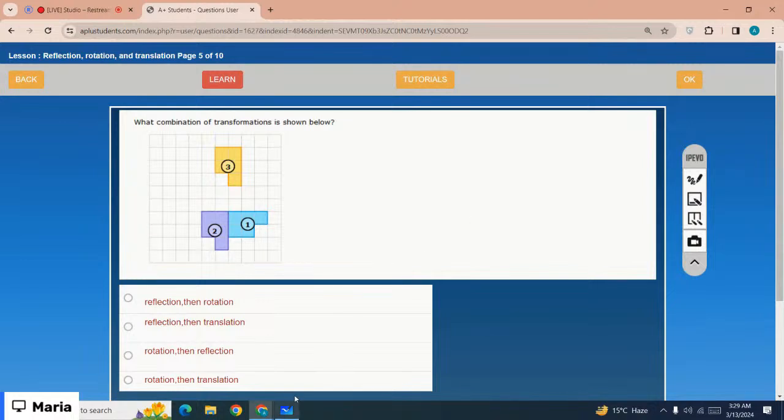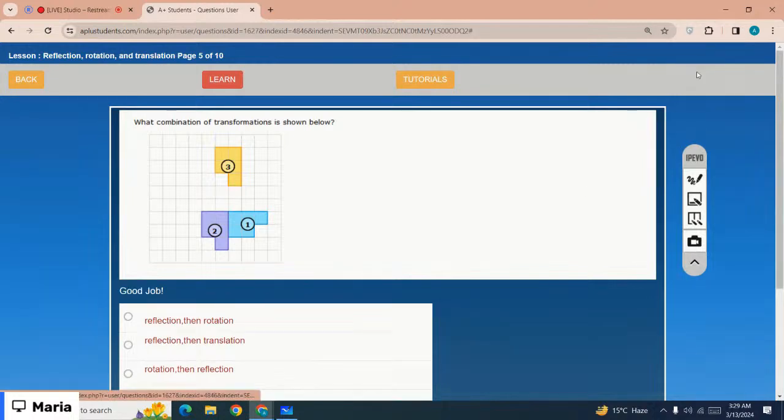Yes, option number 4 is the correct option. Sorry, that is rotation and then translation. Very good.